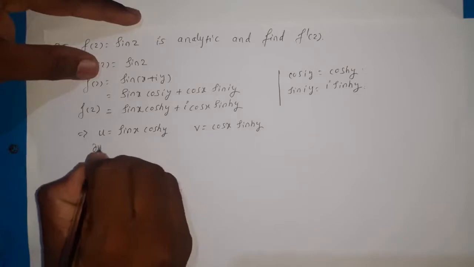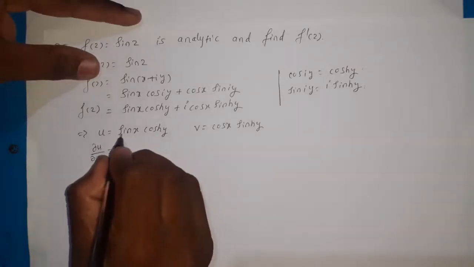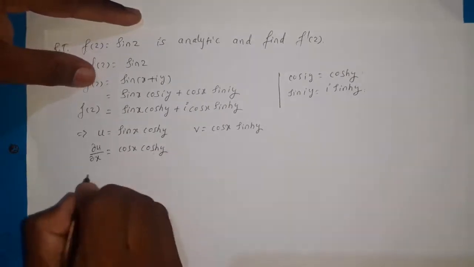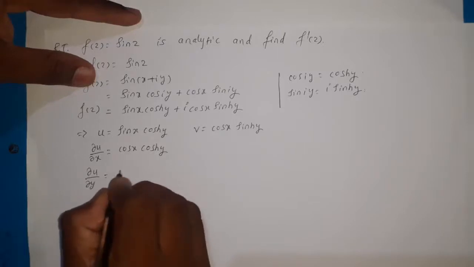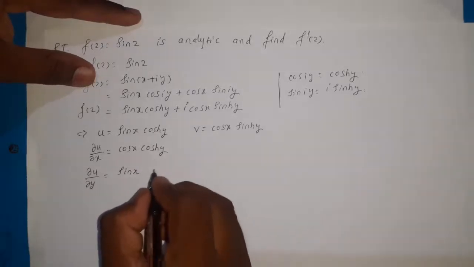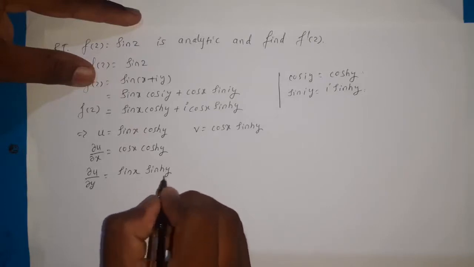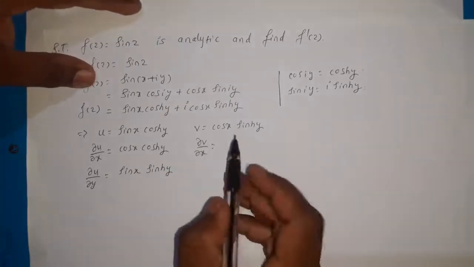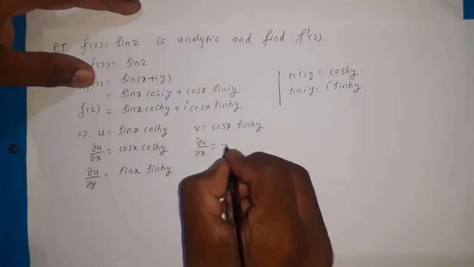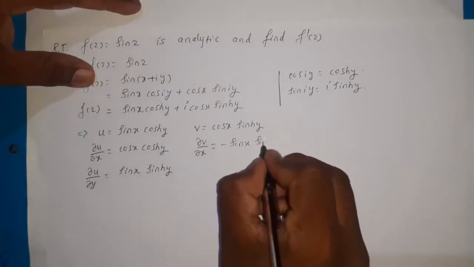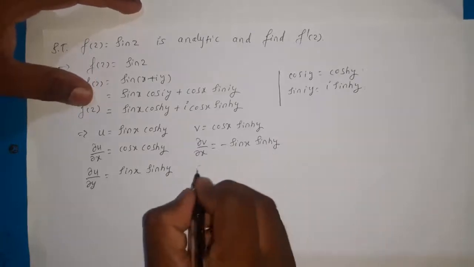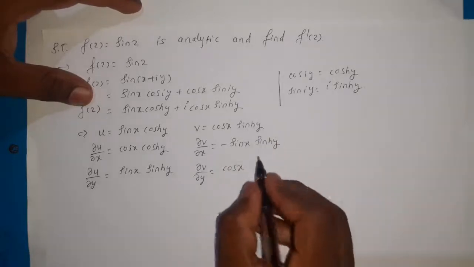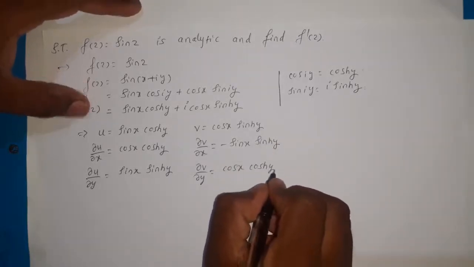Dou u by dou x is cos x cos hyperbolic y, and dou u by dou y is sin x sin hyperbolic y. Dou v by dou x is minus sin x sin hyperbolic y, and dou v by dou y is cos x cos hyperbolic y.